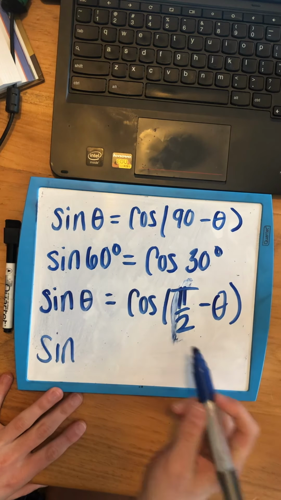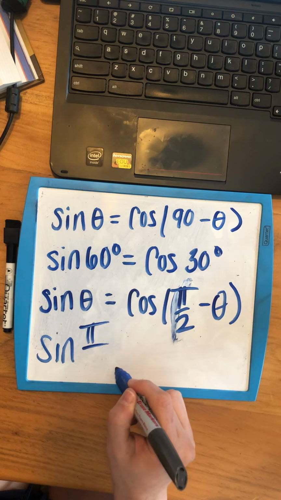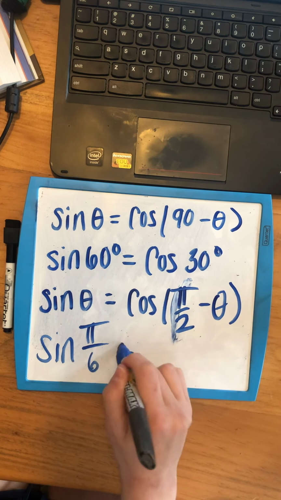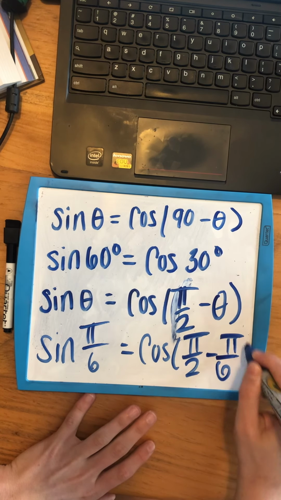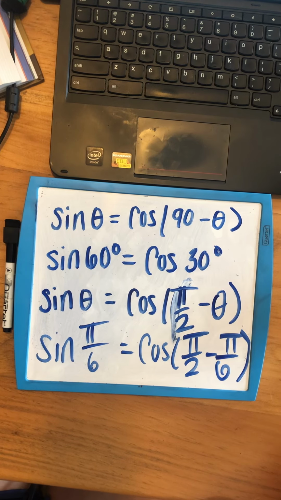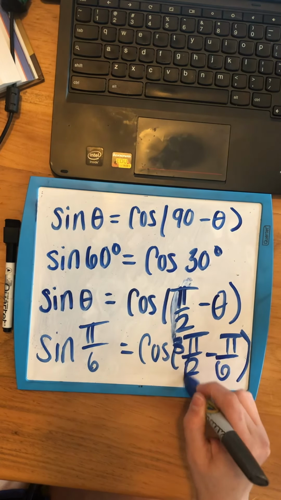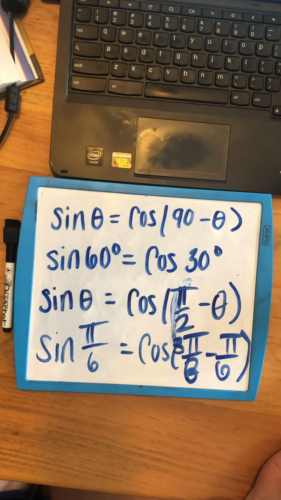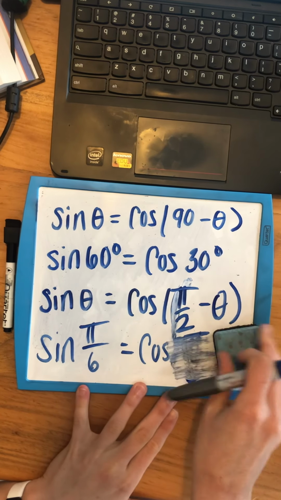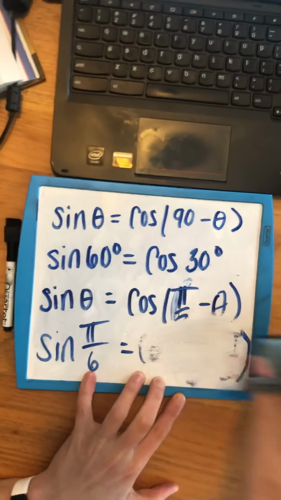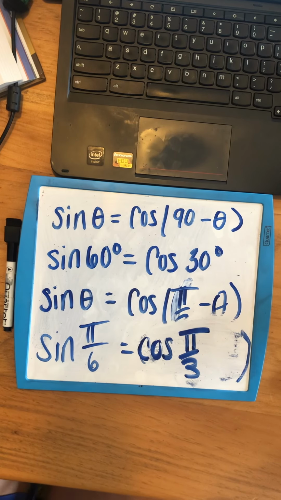So sine of pi over 6 is equal to cosine of pi over 2 minus pi over 6, which is just 2 pi over 6, which is pi over 3, which is cosine of pi over 3, because pi over 6 and pi over 3 are complementary angles.